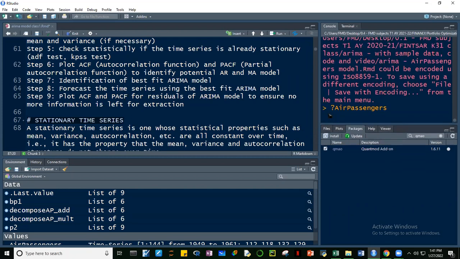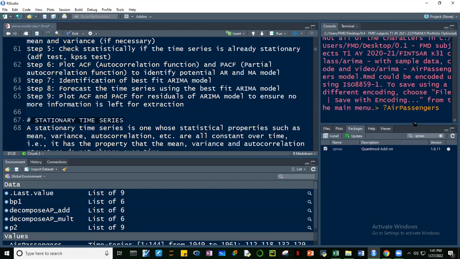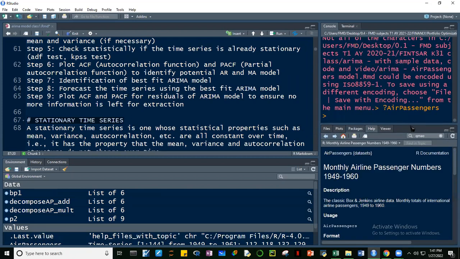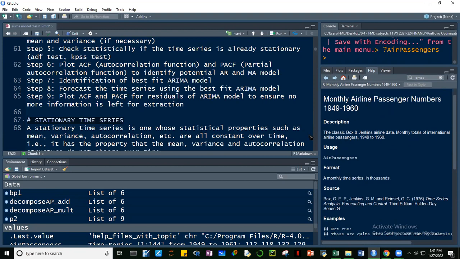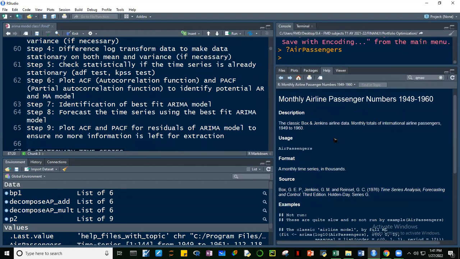Dito lang sa console guys, nag-help ako. Okay, so this comes from the package datasets, which comes with base R already. Tiningnan natin guys kung ano ba laman itong data na to, monthly air passengers.